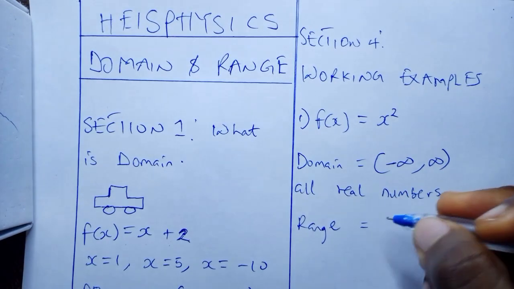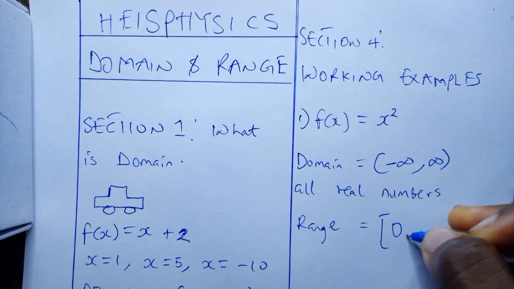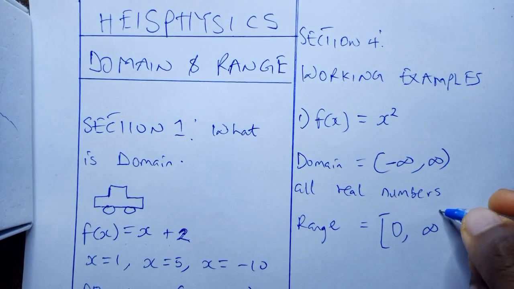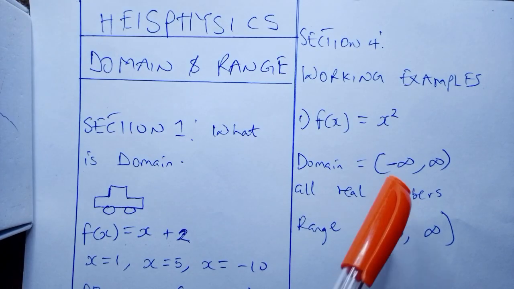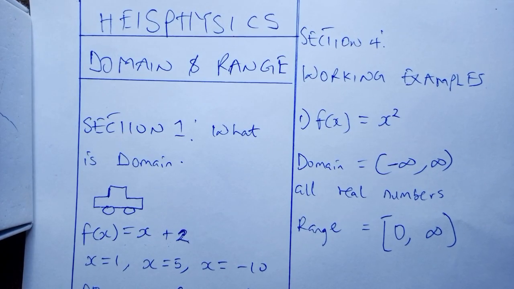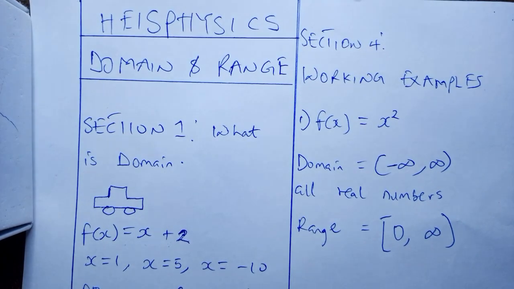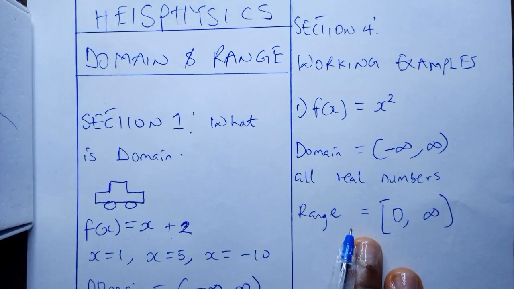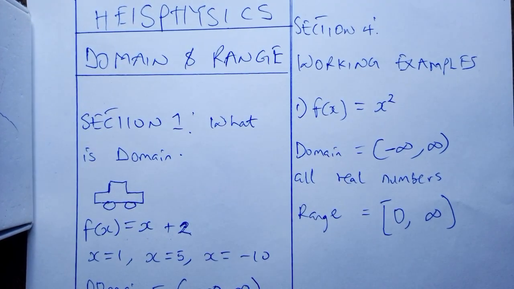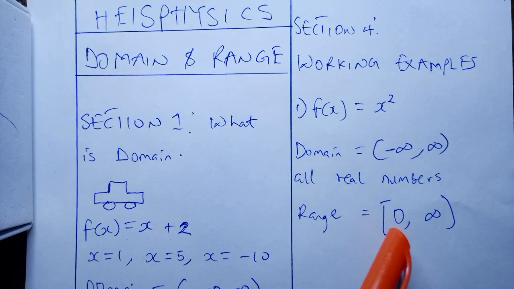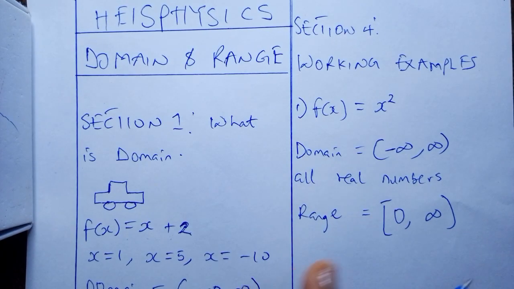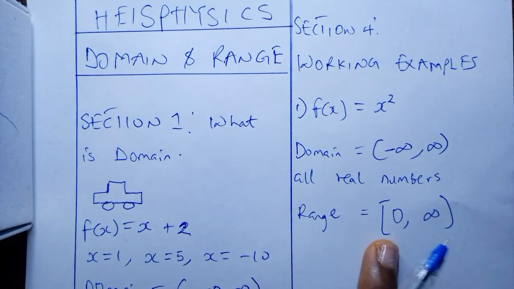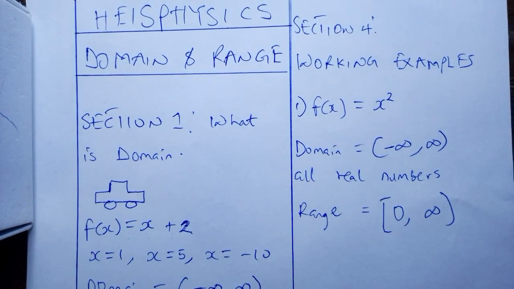So automatically your range starts from 0 to positive infinity, because your outputs are always non-negative. You cannot have a negative output. So from minus infinity is gone, and the smallest number is 0. Therefore your range for this particular function is from 0 to infinity.